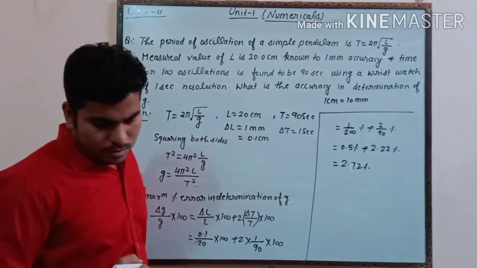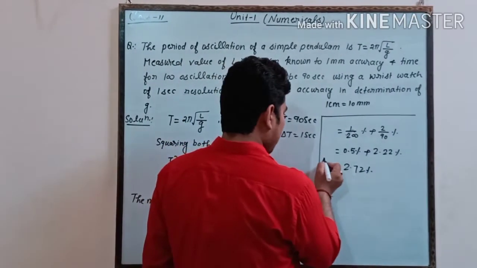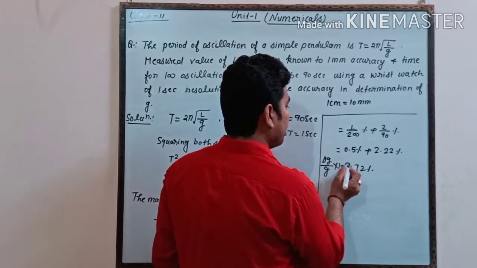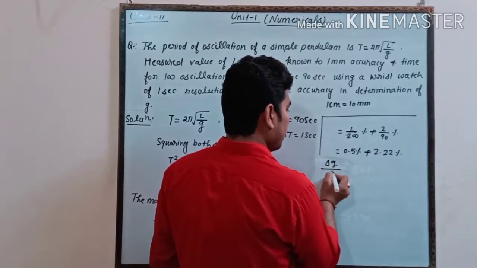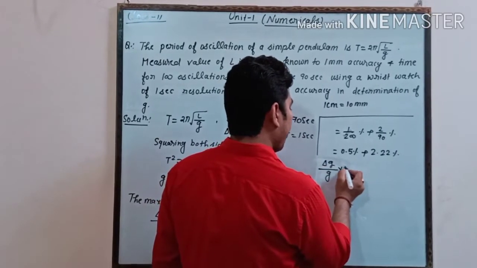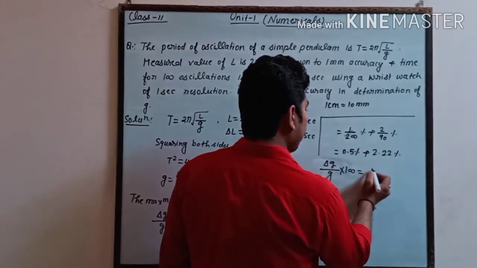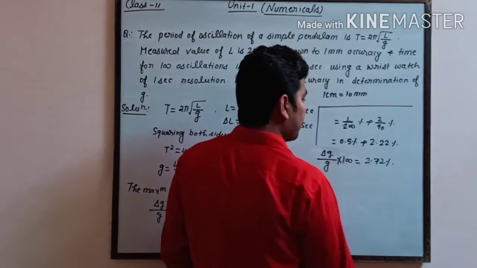Okay. So 2.72% is the error in determination of g, delta g upon g into 100, which is 2.72%.